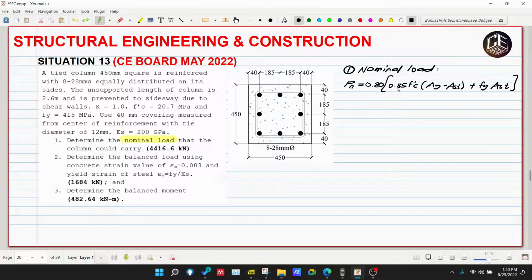Siyempre, ang gusto kasi nating i-multiply para sa maximum strength of concrete, yung concrete lamang. Kasi kung ang area gross ang kukunin natin, kasama yung steel. So, ang gusto natin is yung pure concrete lamang. So, ang gagawin natin dito is kukunin natin yung area gross. Ang ating area gross is 450 squared.